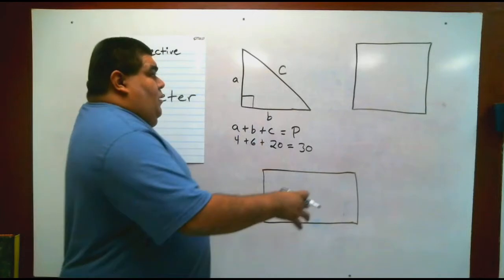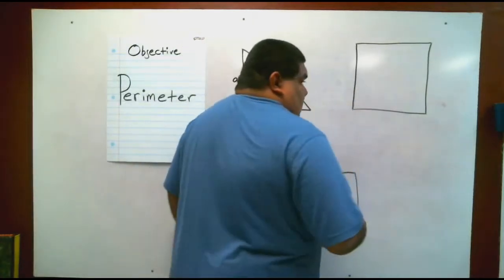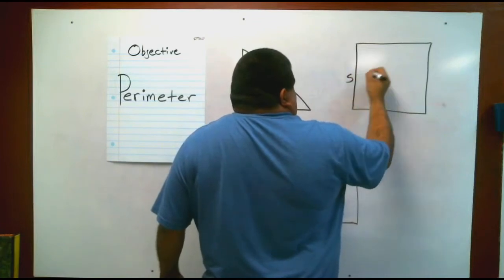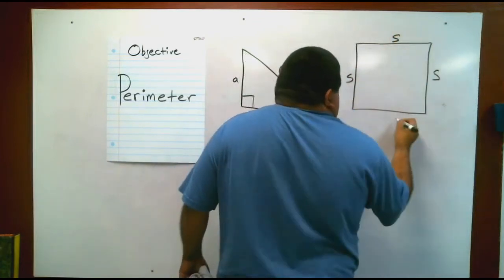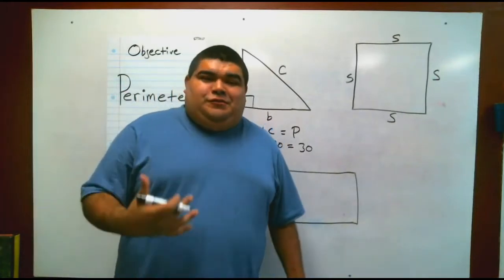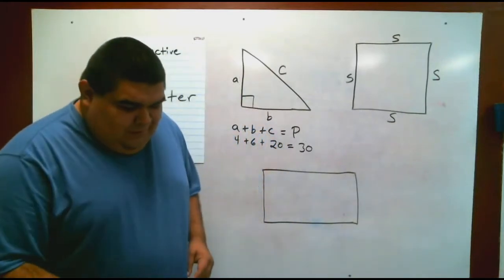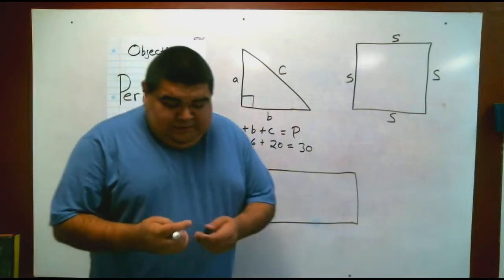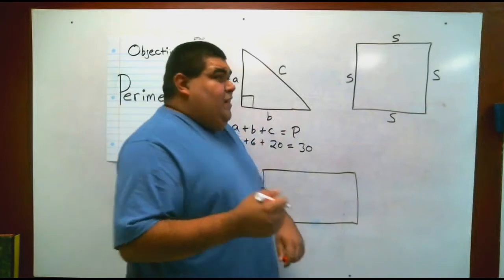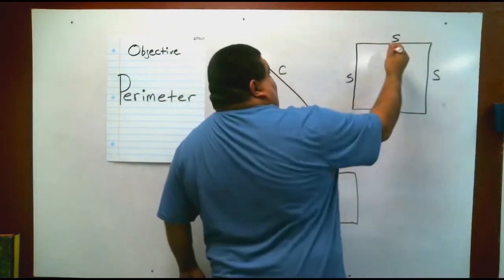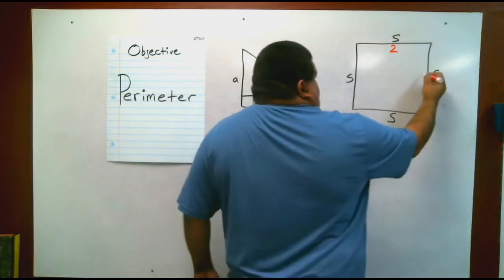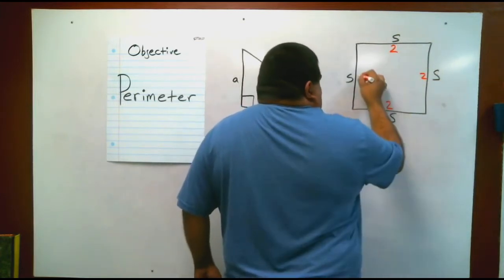On a square, if we have a side, side, side, side, they kind of look like fives. It's just an S. Since we are dealing with a square, if we have 2 as your side, let's say S equals 2, that means there's a 2 here, a 2 here, and a 2 here.